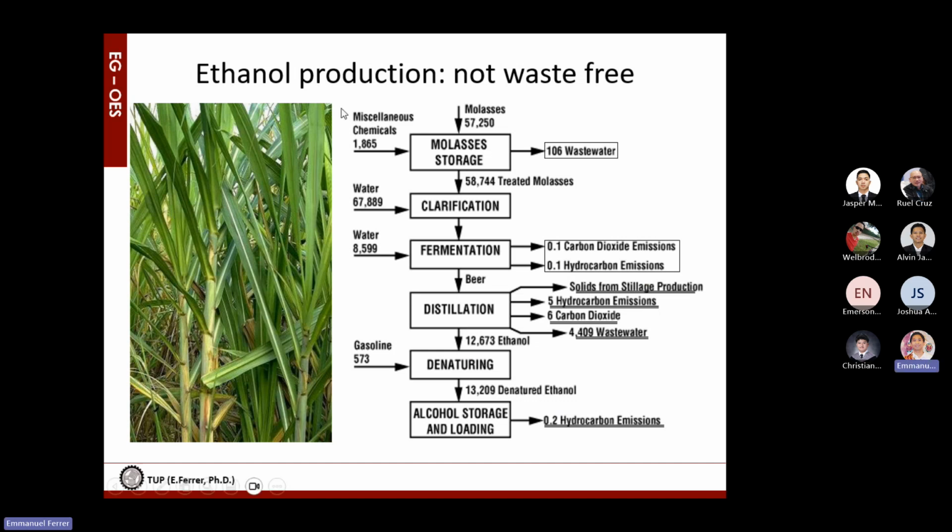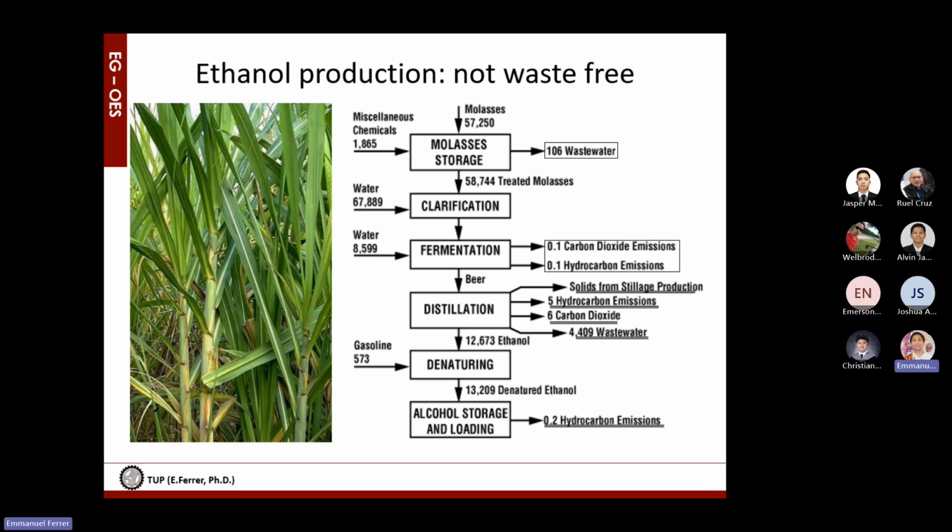You have molasses; it starts with the molasses. After you extract the juice from the sugarcane, the biomass of the sugarcane after extraction can be used for co-firing too. You can dry the residues of agri waste and use them for co-firing in your boilers.